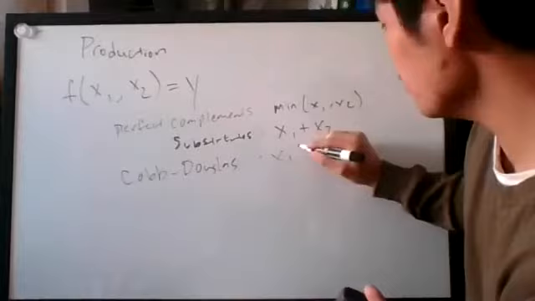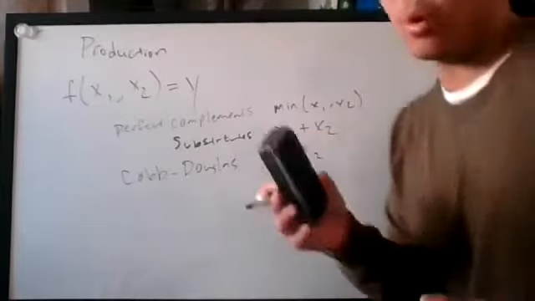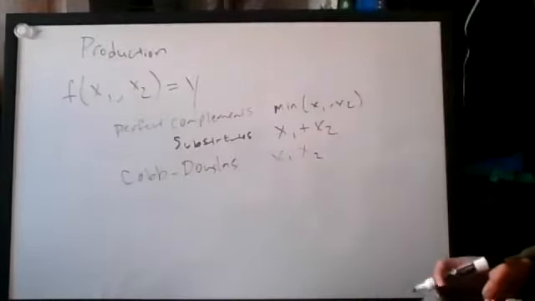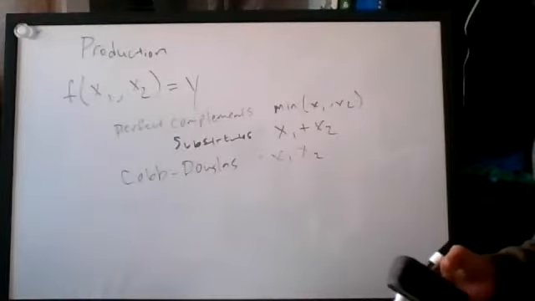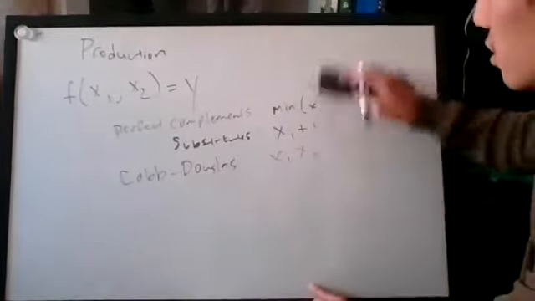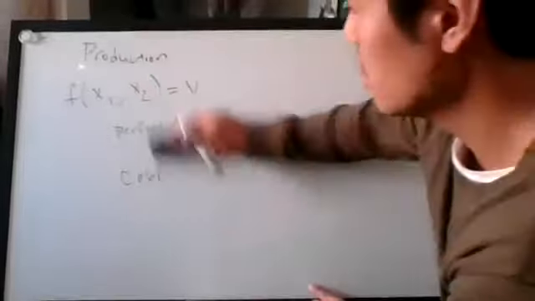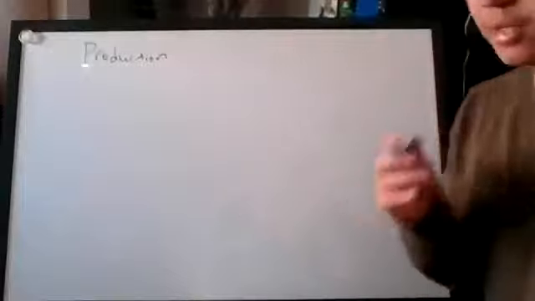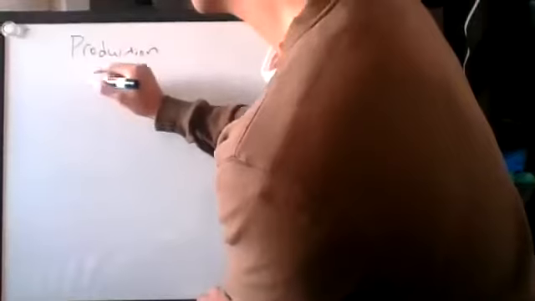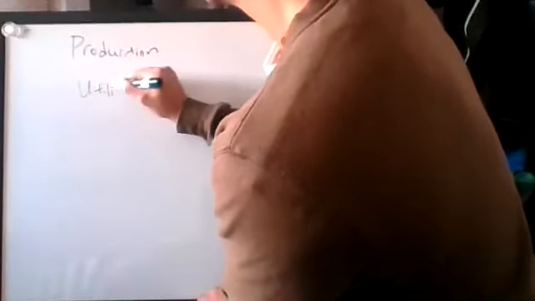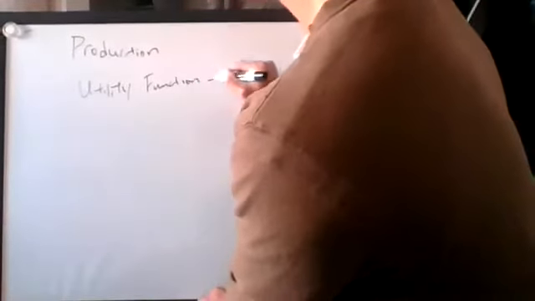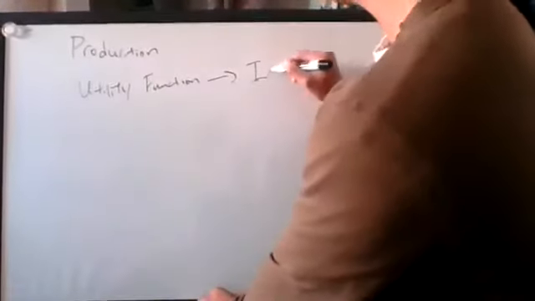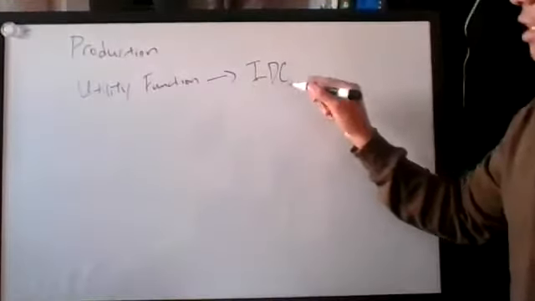So the production function works exactly in the same way that the utility function works. If you remember that utility functions corresponded to indifference curves, basically the same is going to be true. Utility function corresponds to indifference curve, which I'm just going to abbreviate as IDC.